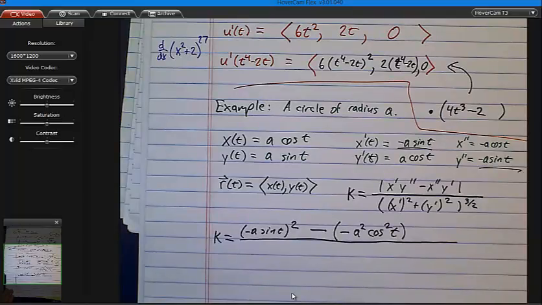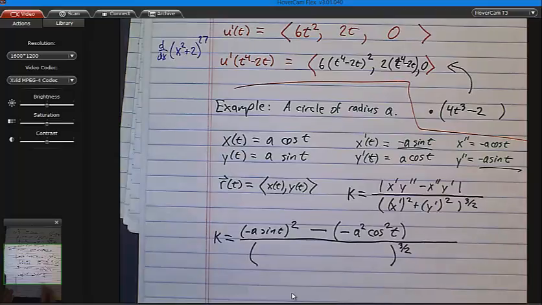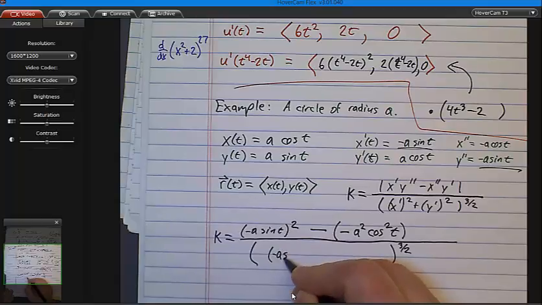Is this okay? How's my pace, guys? Am I okay or too fast? Okay. And then stuff to the 3/2 power, so let's see. We need to square x prime and we need to square y prime, right? So we're going to take this negative a sine t and square it.